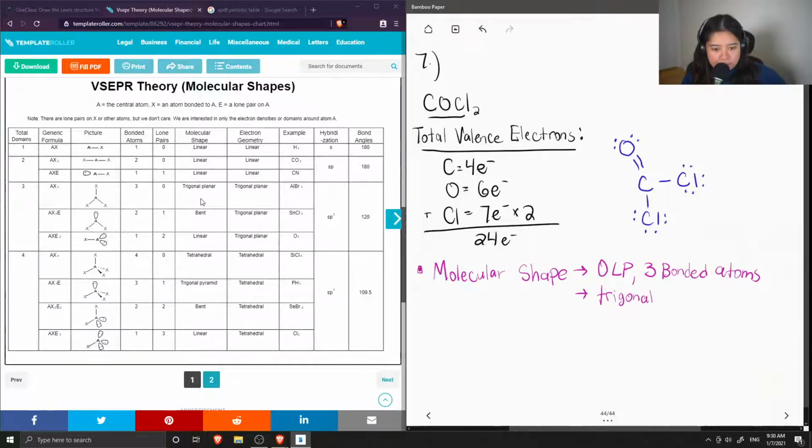And also it is sp2 hybridized. And the bond angle is 120 degrees.